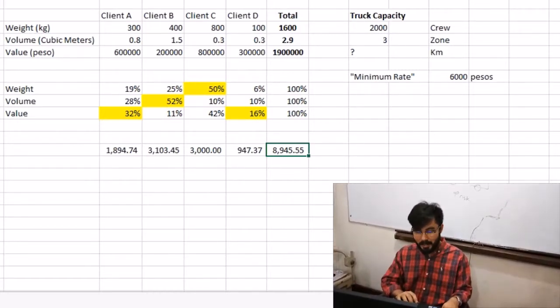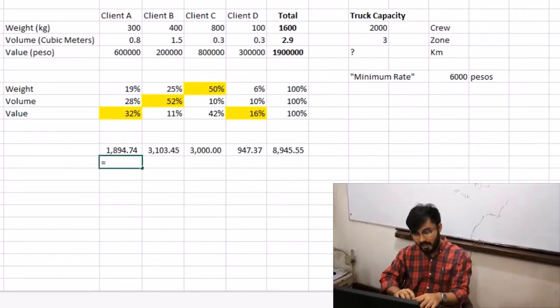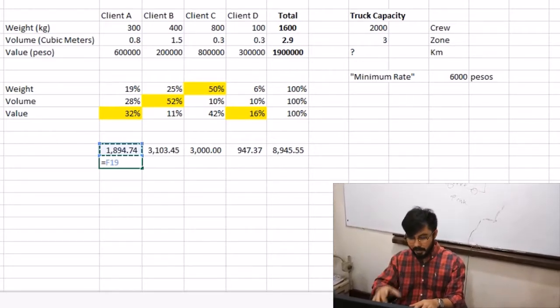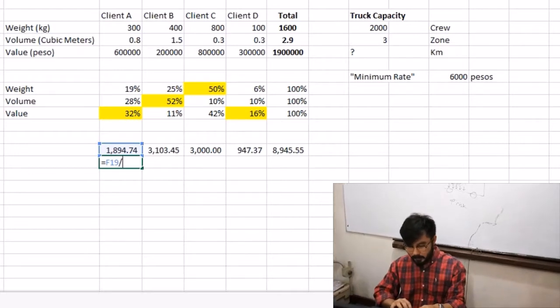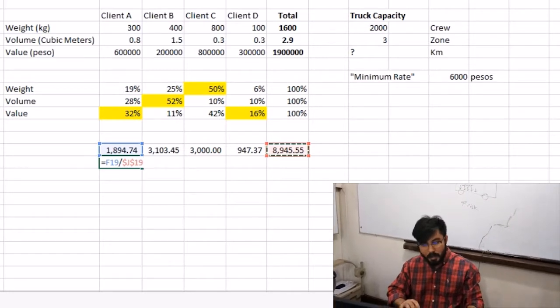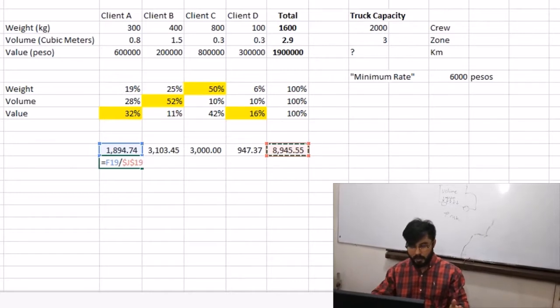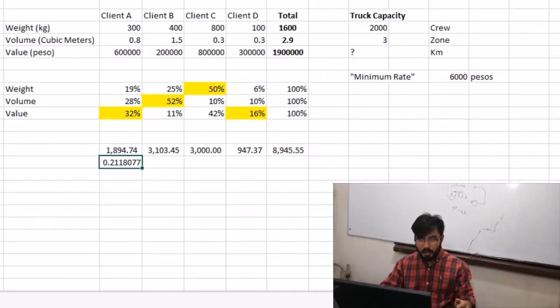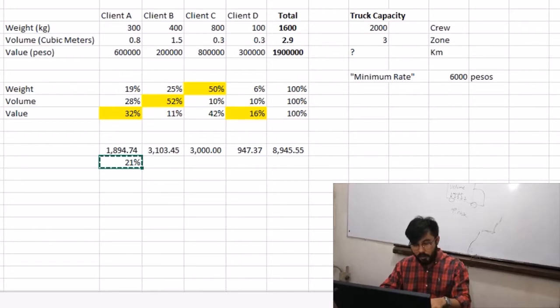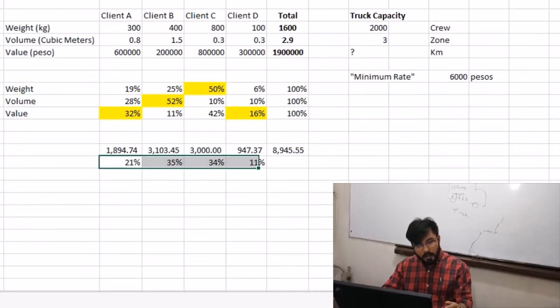So here's what I'm going to do. Here's where I intend to make a proposal. I'm going to look at the percentage of each of these weighted billings according to the new billing. So for client A, it's this 1,800 something divided by the total 8,000 something. Here you've got 21%. So on and so forth. And now with this new layer, I can apply this to the minimum rate.